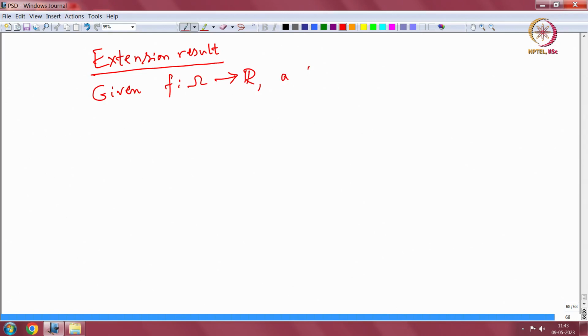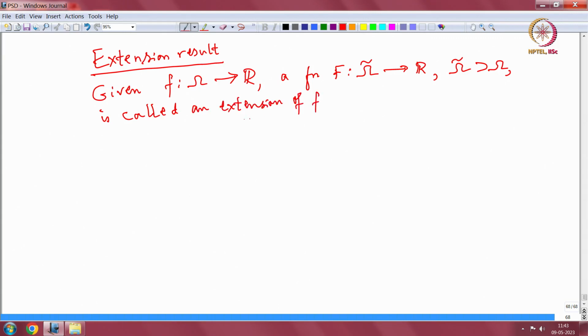A function F from Omega tilde to R, where this Omega tilde is larger than Omega, is called an extension of f if F of x is equal to f of x for all x in Omega.